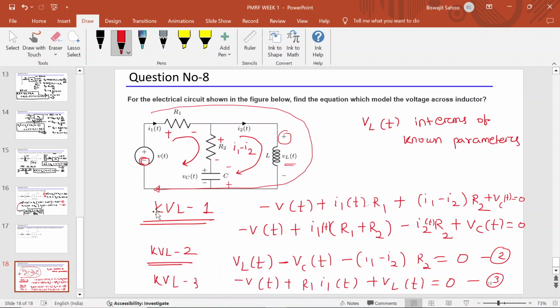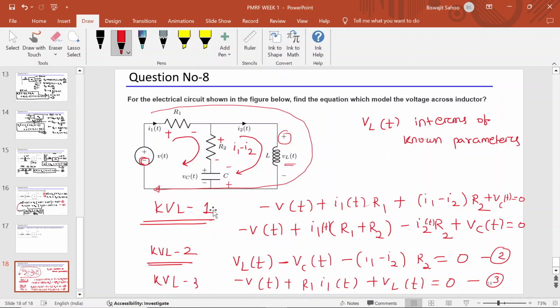Is there any doubt still in these questions, the 9 or 10 questions I solved? Otherwise, I'll add one more thing before concluding today's class. If you don't have any doubt, then I'll explain one concept to you.